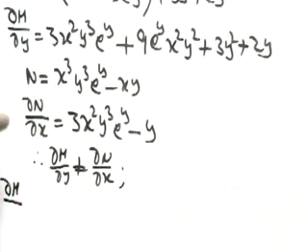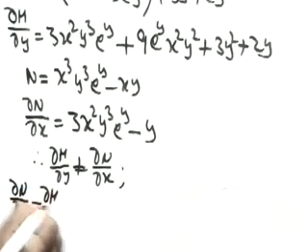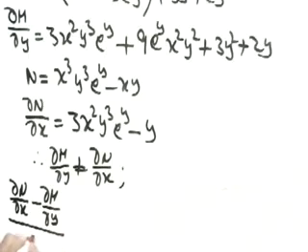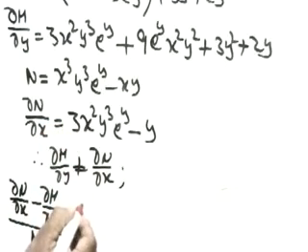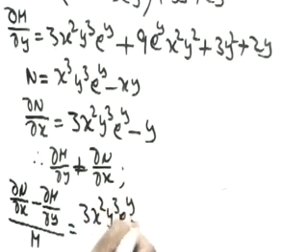Sorry, I'm trying for (∂N/∂x − ∂M/∂y) divided by M. If it's not possible, you can see the other. Now ∂N/∂x we are having here. ∂N/∂x is 3x squared y cubed e power y minus y.